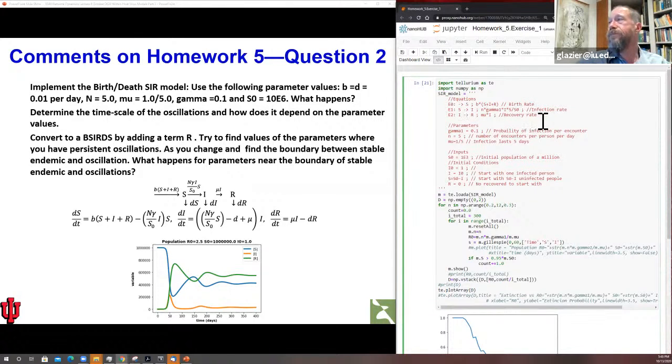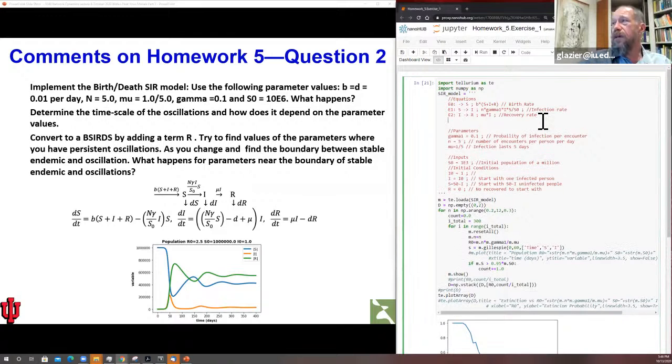Okay. And again, I want everybody to follow along on your own code. All right. And then we have to have some deaths, and there's going to be 3 death terms.